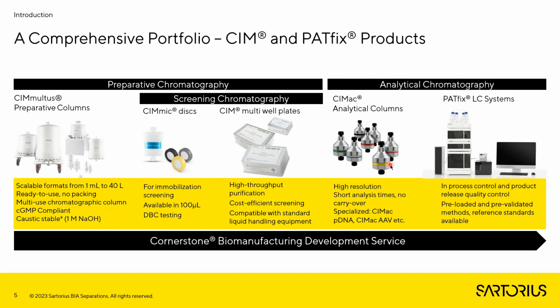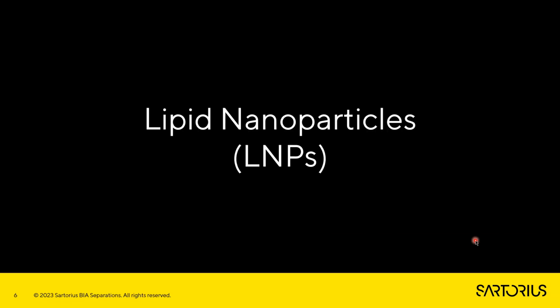They are specialized for different types of biomolecules such as pDNA, AAV, etc. We also offer the chromatographic system called PATfix, which can be used in process control and product release quality control. This system comes with our software with preloaded and pre-validated methods, reference standards, and more.